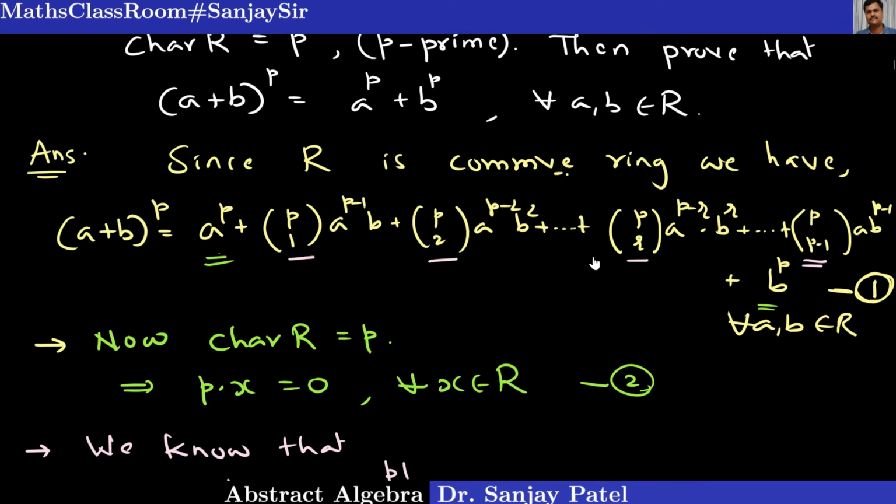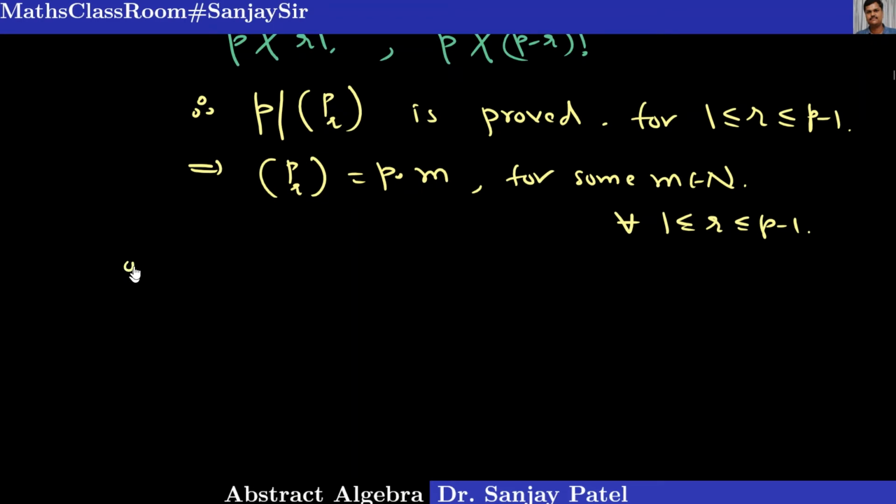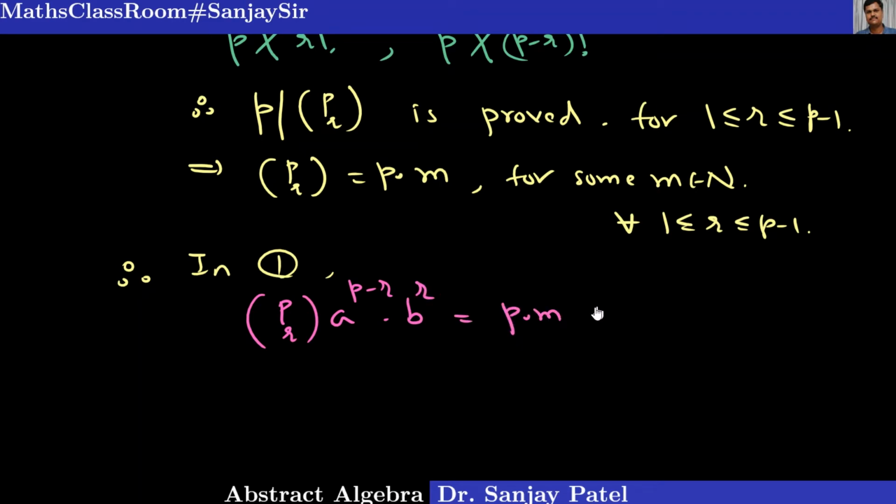So from result 1, we can write pCr into a raised to p minus r into b raised to r as p into m into a raised to p minus r into b raised to r. This is some element of the ring.